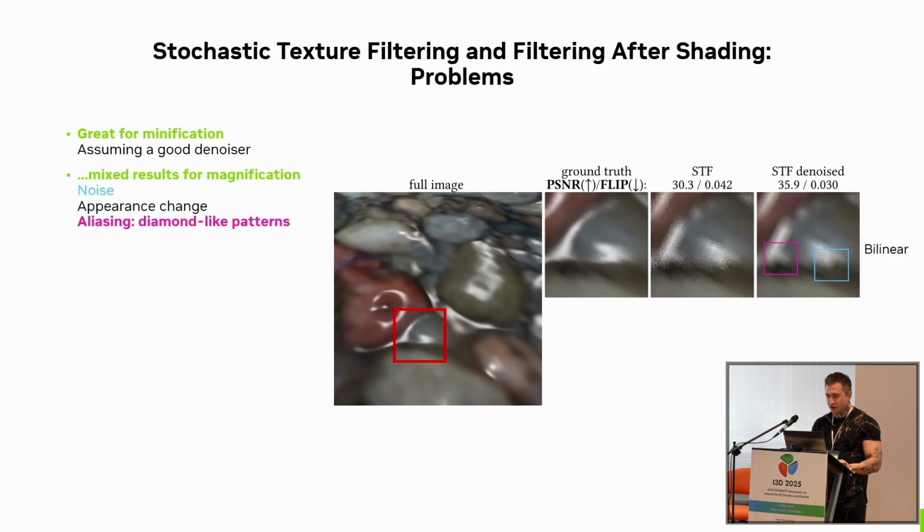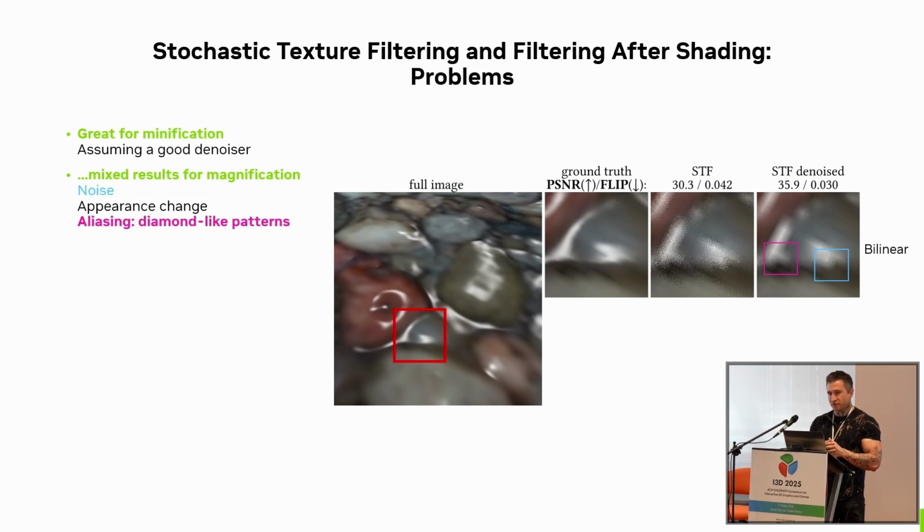However, the key problem was that while it's great for minification, the results for magnification are mixed at best. There is still some leftover noise, even after applying TAA, or sometimes even DLSS. But most importantly, the appearance changes as compared to traditional texture filtering.